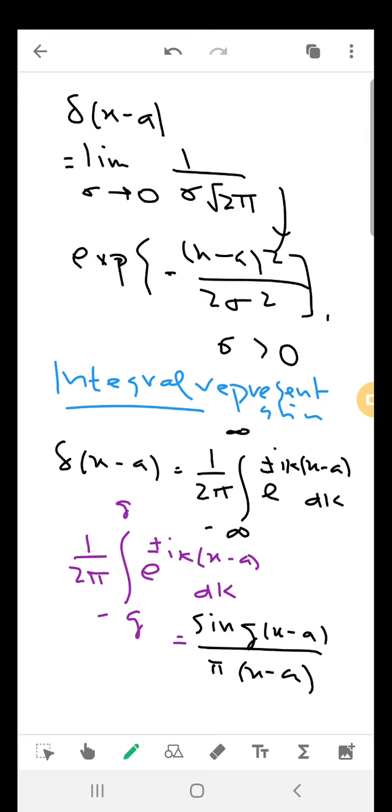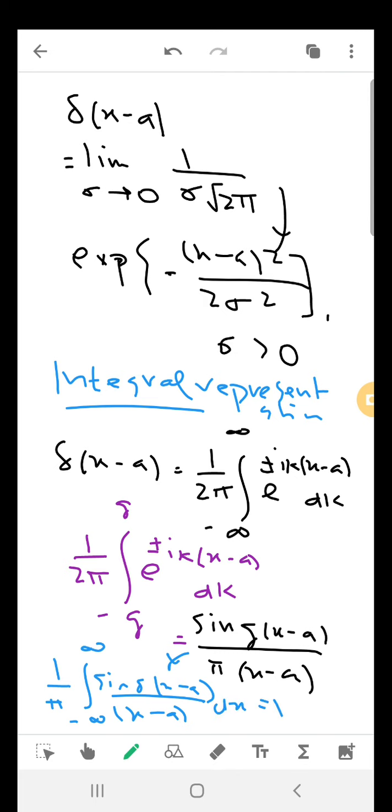Using Laplace's transform or complex variable technique, we can also write that 1 by pi integral from minus infinity to infinity sine g x minus a, that means this one, divided by x minus a. We are not taking the pi here, we are taking the pi outside. So dx is actually equal to 1 for g greater than 0.